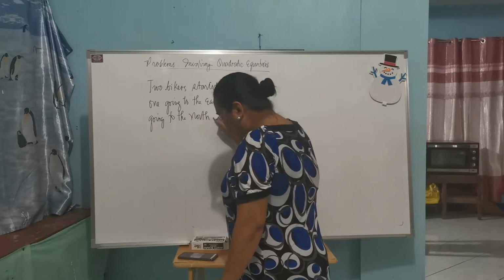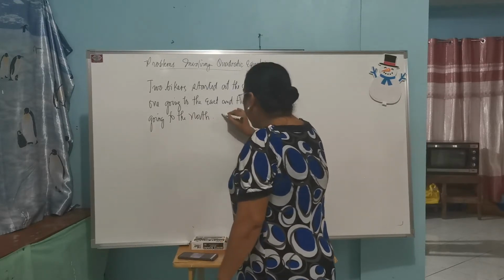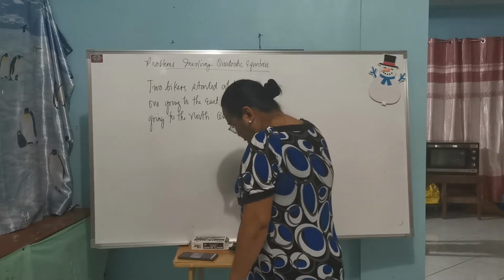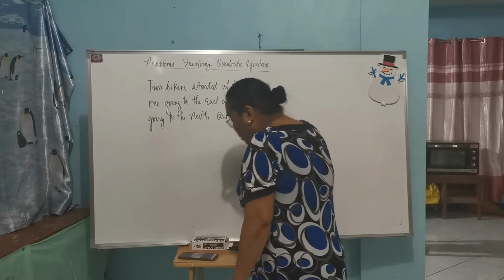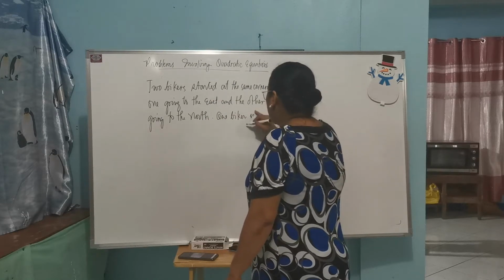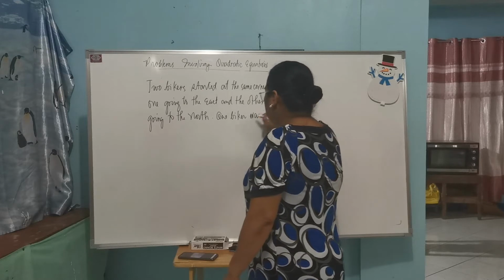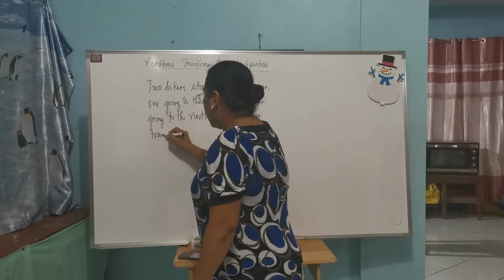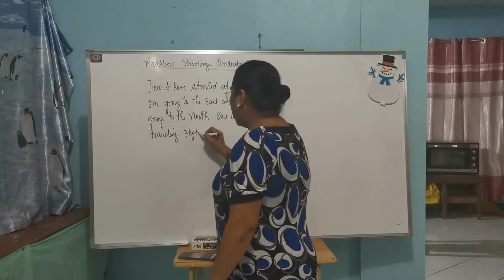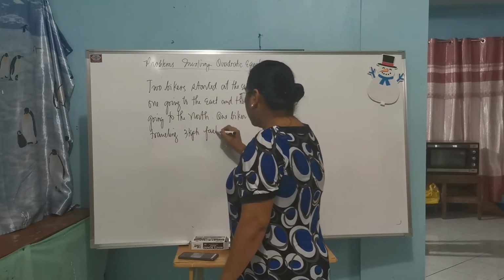One biker was traveling 3 kilometers per hour faster than the other.